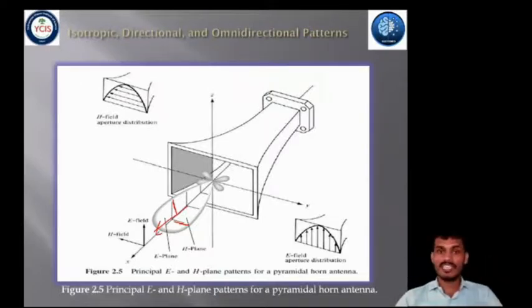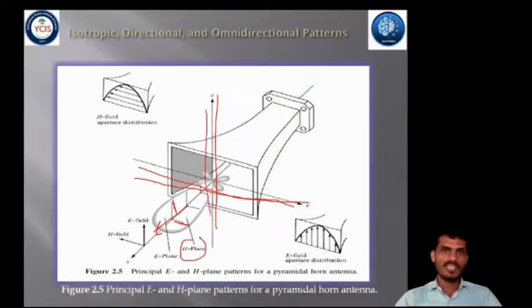That means in 3 dimensions it has 3 different coordinates, that is X, Y and Z. Is that clear? So this is your Z direction, this is your Y direction. Along the Y direction there is the H plane. Along the Z direction there is the E plane, and along the X direction this is the direction of propagation.